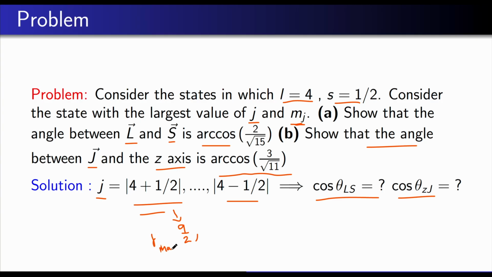Similarly, the largest value of Mj: Mj can take the values from minus 9 by 2 to plus 9 by 2, so here it will be 9 by 2, simple. So once you get this, J into J plus 1.